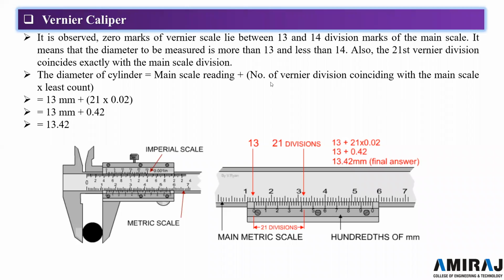So this is how the vernier measurement is done. Some are also having an accuracy or least count of 0.01 as well. So up to that accuracy we can measure up to 2 digits accurately using the vernier caliper.